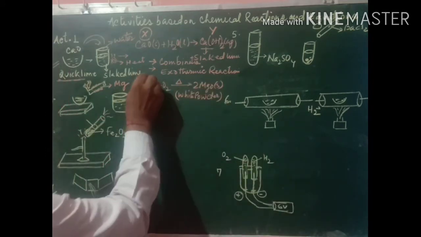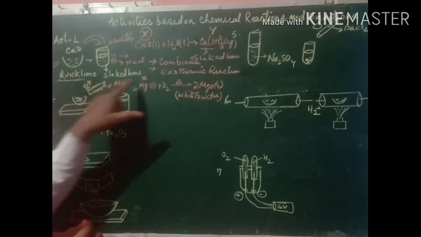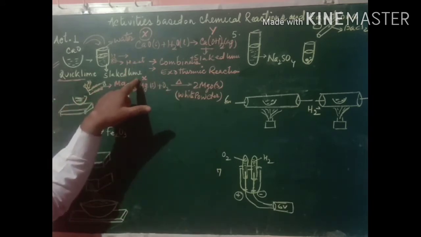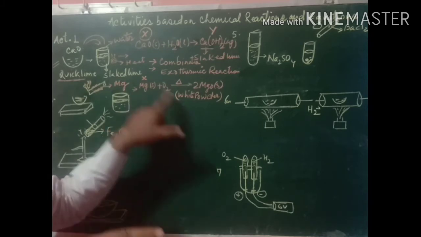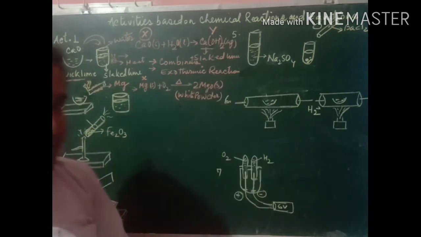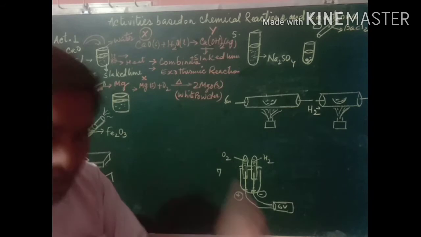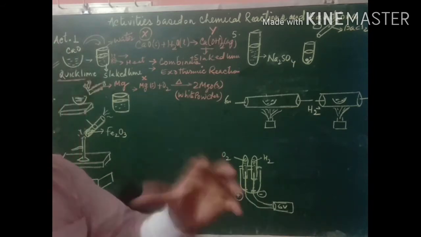Many times we have explained about this one. The question comes: a metal X, when burnt in air, forms a white powdery substance. Name that, write the reaction and the type of the reaction.